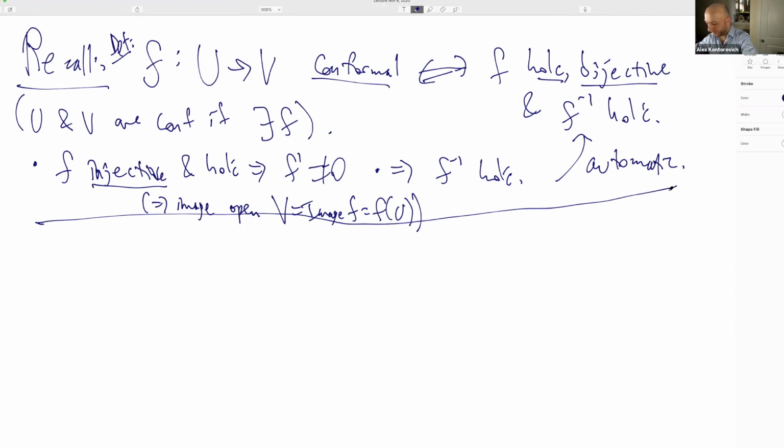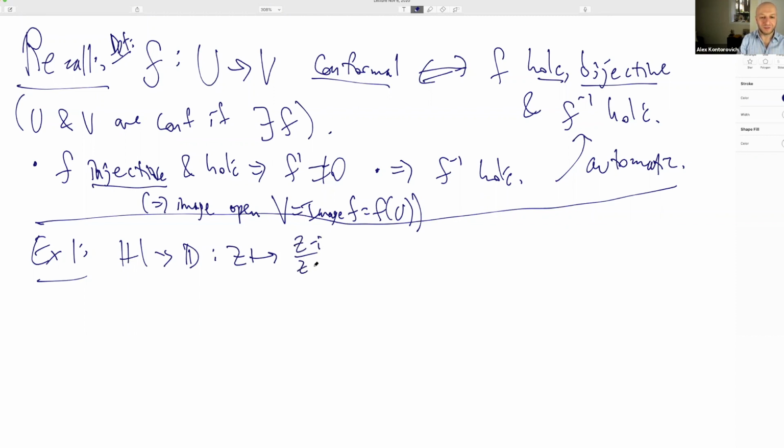What did we do? Did we do the upper half plane? We must have. Yes, we did two examples. Example one was upper half plane to the disk that sent Z to (Z minus I) over (Z plus I), which we could write as the matrix (1, negative I; 1, I) acting on Z, a fractional linear transformation.